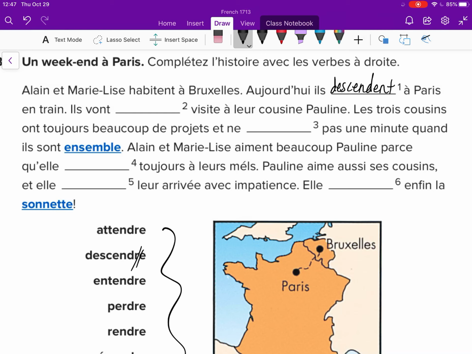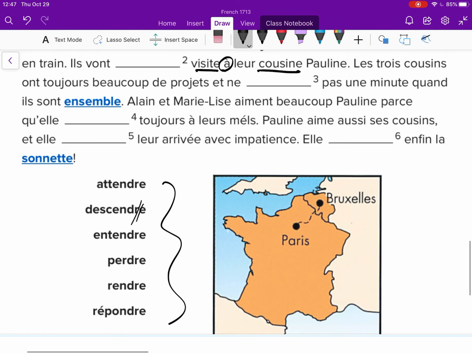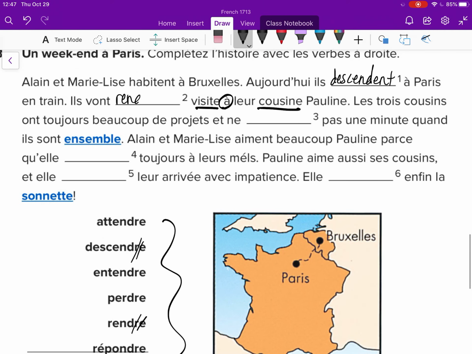Numéro 2. Ils vont blank visite à leur cousine Pauline. And this is a great clue. We have visite plus à and a person. So we're going to be using rendre here. Take off my R-E. Add my ending for il. Oh, let's look at this. This is my subject. I have something here first. This is a first verb.